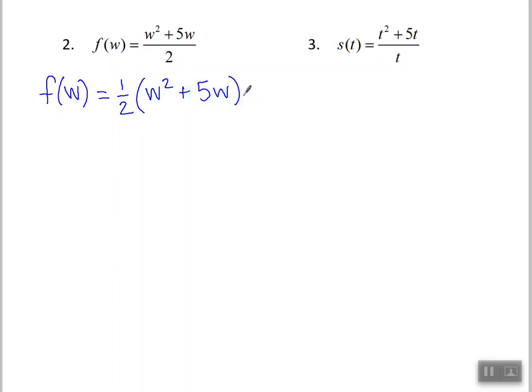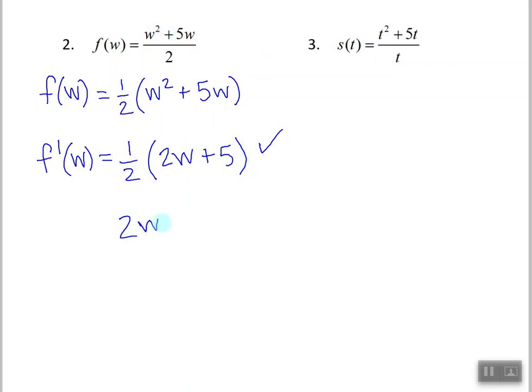And now we simply use the constant multiple rule. F prime of w, the derivative, equals the constant multiple times the derivative of that function of w, 2w plus 5. That is an acceptable answer, or we could rewrite that the way it was originally written as 2w plus 5 divided by 2.